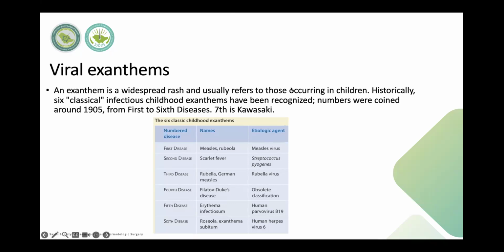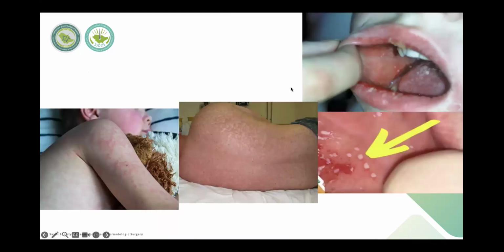So first, we're going to look at these photos. Here we can see the description of what we mean when we say an exanthem. Basically, an erythematous, macular, some papular rash over the body.